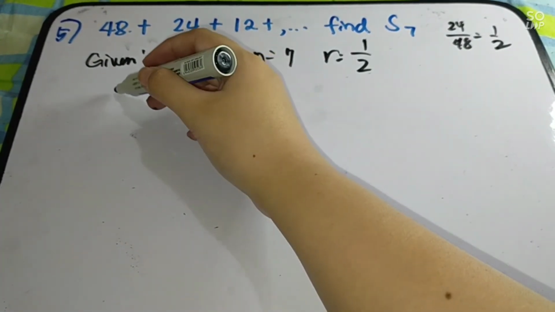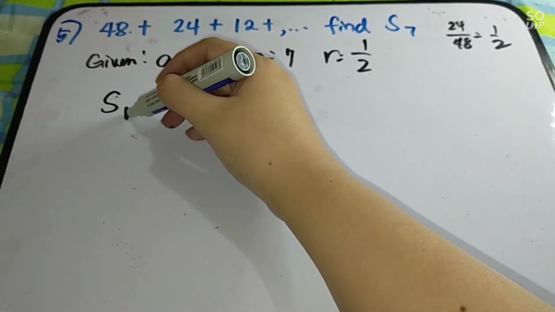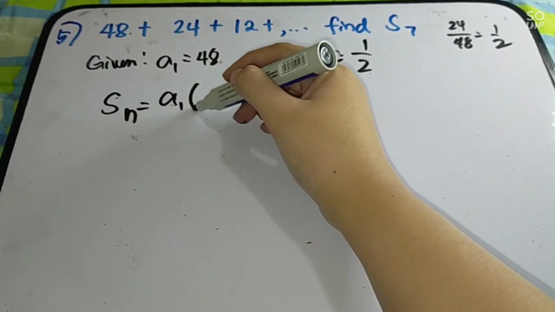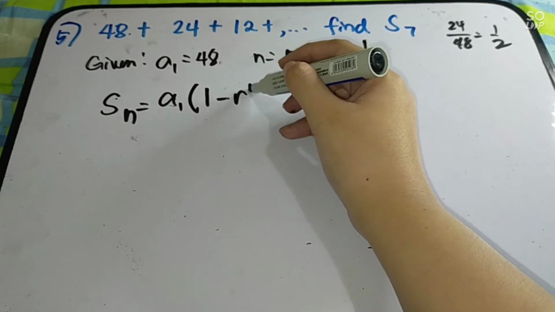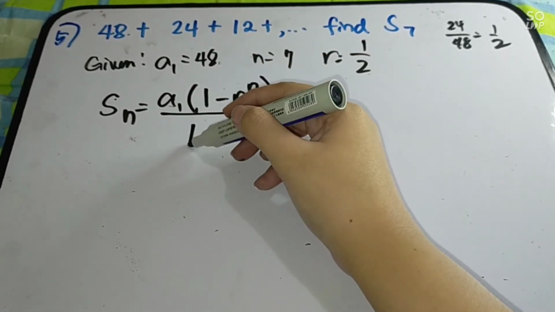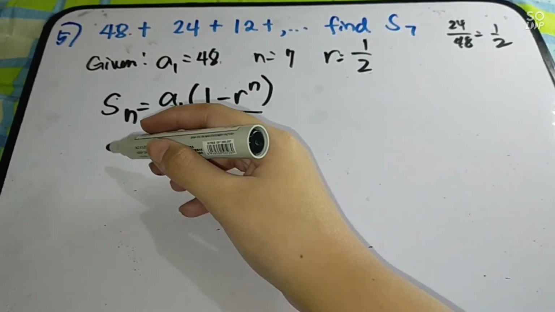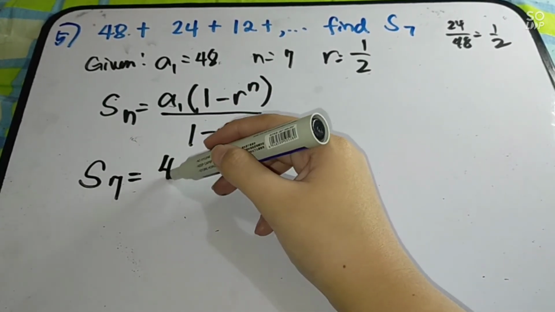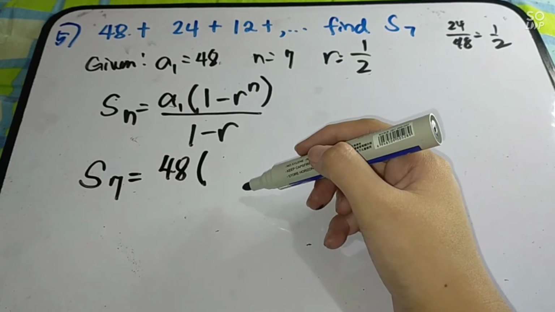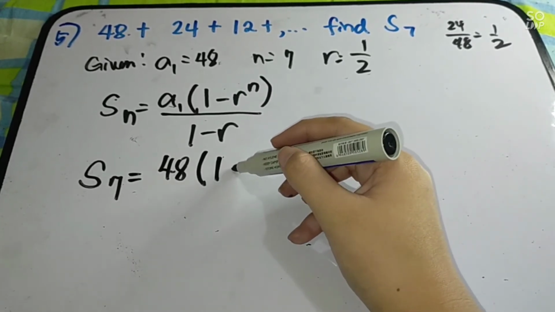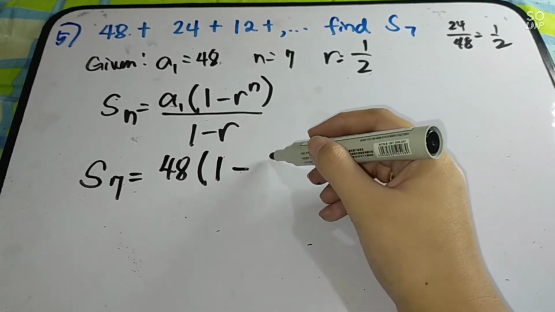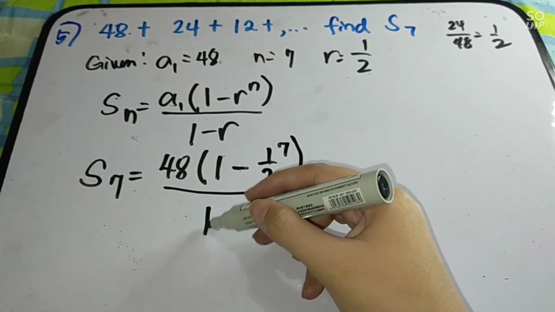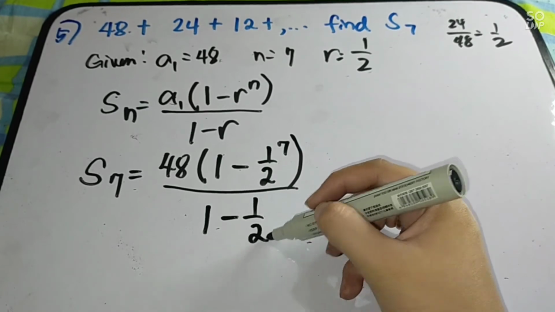Then, afterwards, let us have your formula. S sub n. Since fraction na to, ang gamitin natin is A sub 1 times 1 minus R raised to n over 1 minus R. Yan. So, you have here S sub 7 is equal, your first term, you have here 48 multiplied by 1 minus R, 1/2 raised to 7, over 1 minus 1/2.